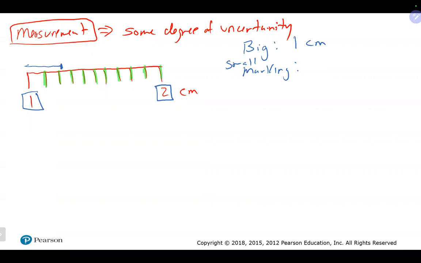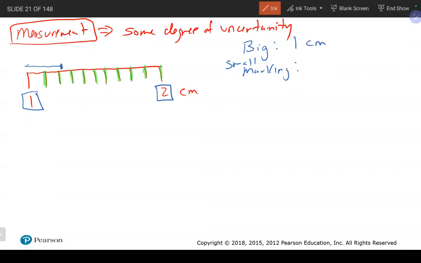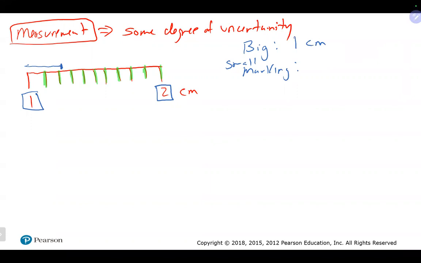So there are 10 markings, and the difference between the two biggest markings is 1 centimeter. That means each of the smallest markings represents 0.1 centimeters. If you're not sure, just take 1 divided by 10, and that gives you 0.1 centimeters. That means this marking here would be 1.1, this would be 1.2, 1.3, 1.4, 1.5, and so forth, all the way across until we get to 2.